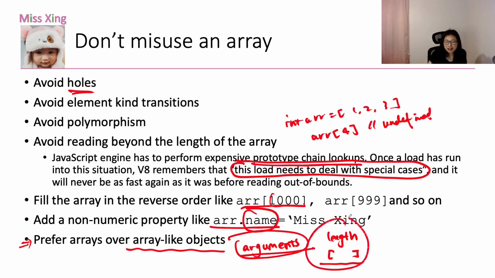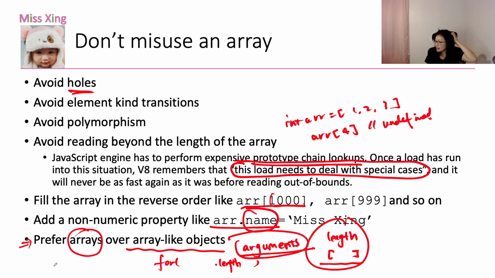As I explained, it has these, but it cannot use push, pop, forEach, filter, map, those array methods. You can use a for loop with index smaller than length to access the elements, but they don't have all the methods which arrays have, and don't have all the tuning which we do for arrays.